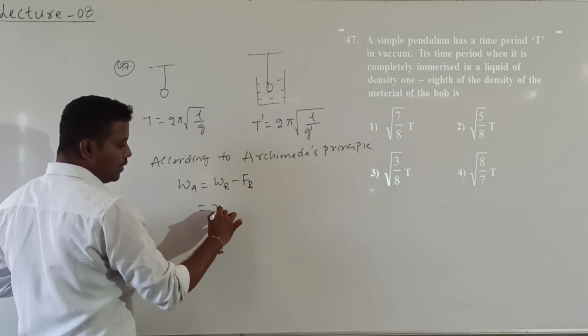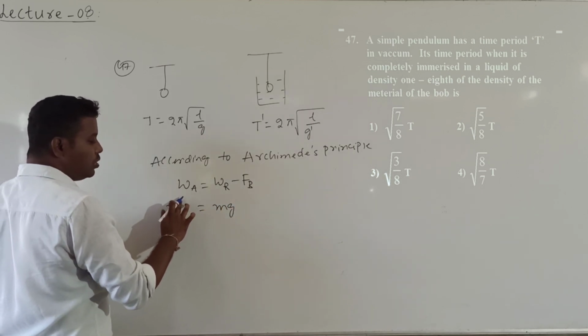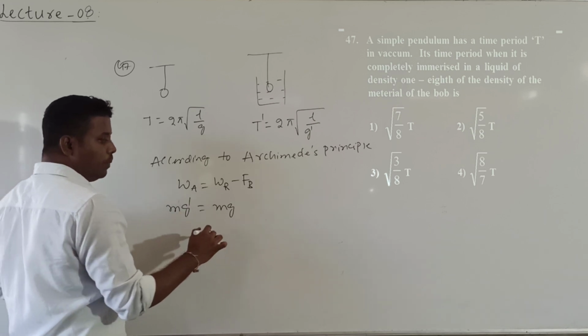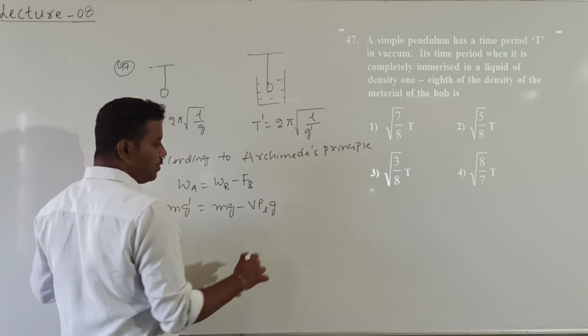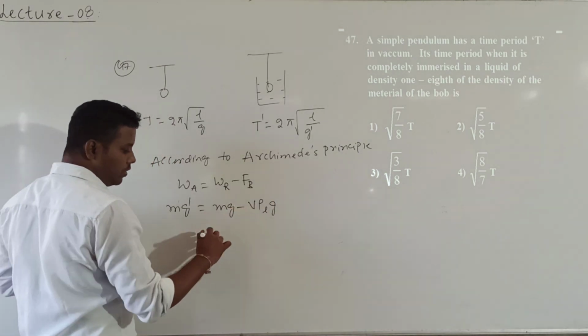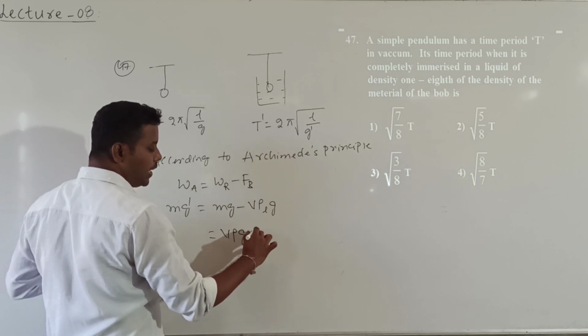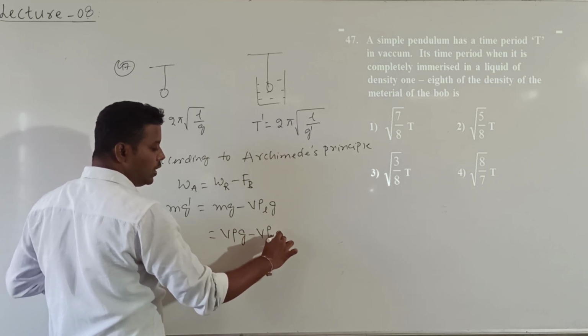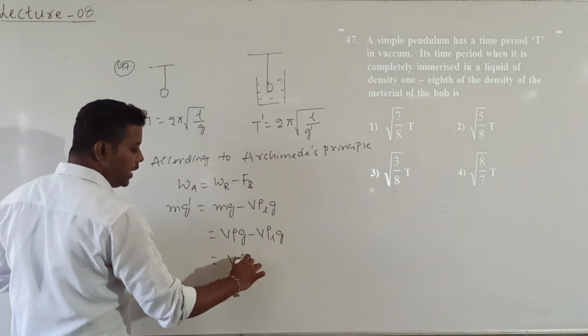So the real weight of the body is given by mg, and the apparent weight is given by m into g dash, which will be equal to mg minus Fb, where Fb is given by v into rho l into g. What is Fb? Buoyant force. So m g dash can be written as v into rho into g minus v into rho l into g. So what do I get? Can I take the common v into rho into g?